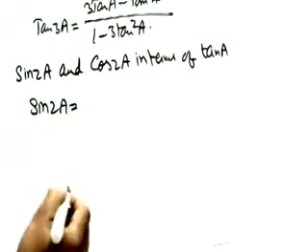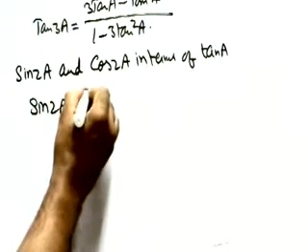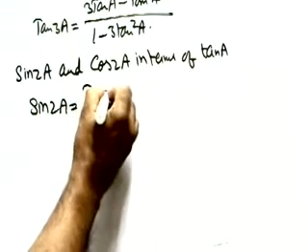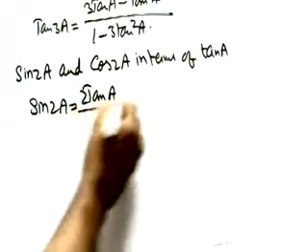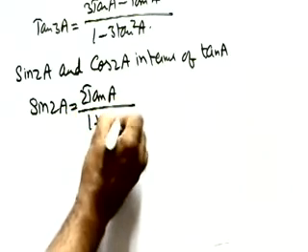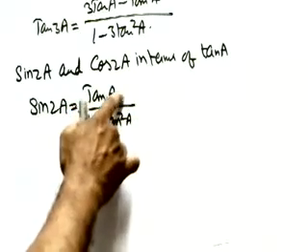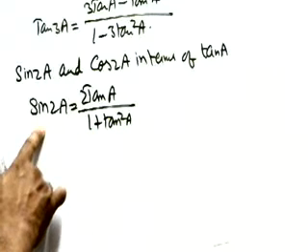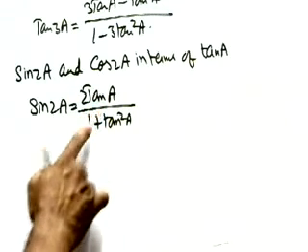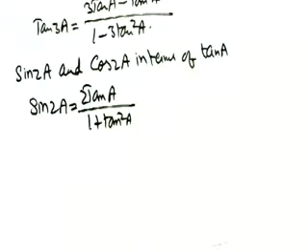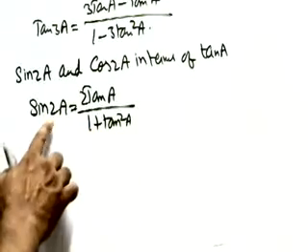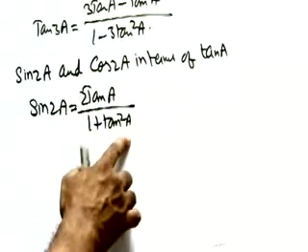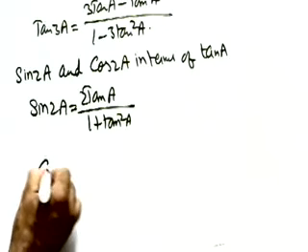When we change sin 2A into tan, sin 2A equals 2 tan A by 1 plus tan square A. Watch carefully: 2 tan A by 1 plus tan square A is sin 2A, whereas 2 tan A by 1 minus tan square A is tan 2A. Should not be confused.